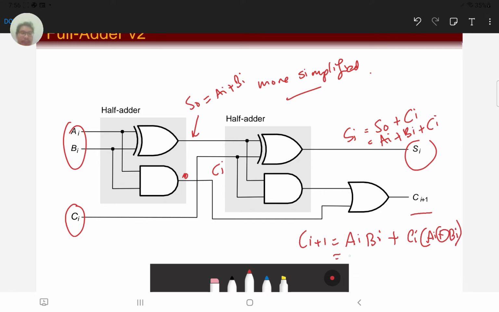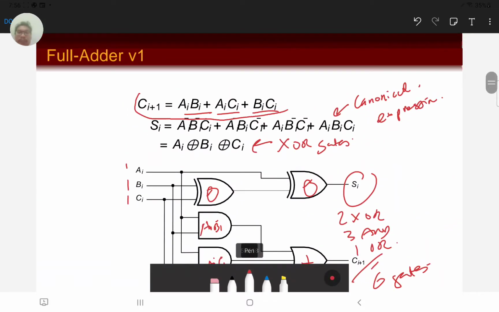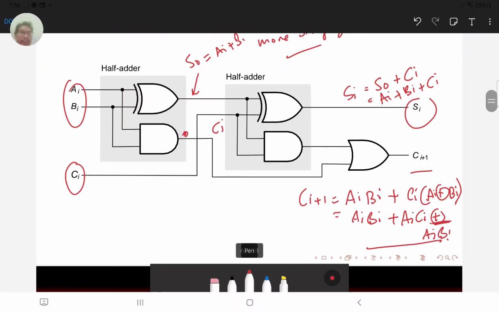Okay, so here is in fact AI BI plus AICI XOR AI BI, and this equation actually works for a full adder, whereby it is equivalent to our original CI plus 1, where AI BI, AICI, BICI, and here is just another XOR, and we can actually reuse the answer that we get for the S0 here.